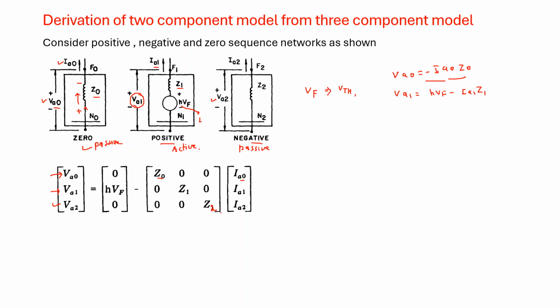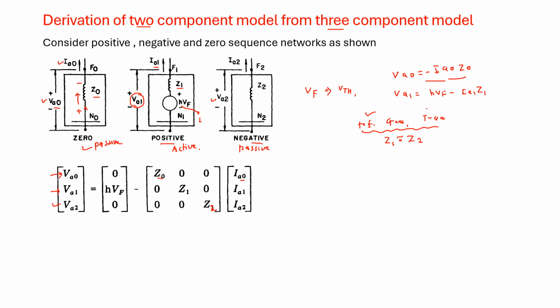But the important point to be noted is the concept behind the transformation from the three component to the two component method. In the power system we have transformers, generators and transmission lines, and for most of these power system components, the positive and negative sequence impedances are almost equal.